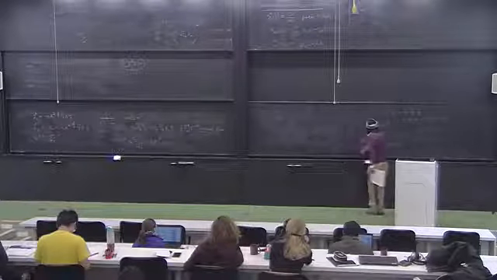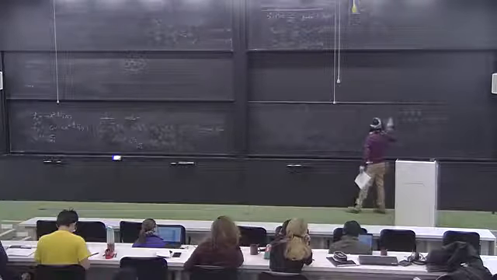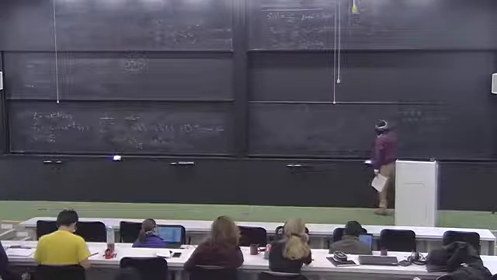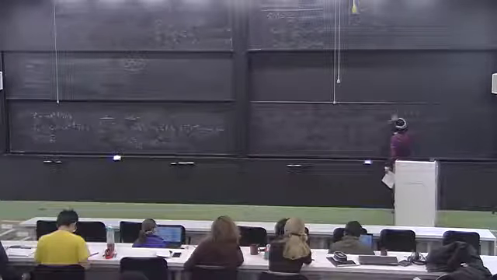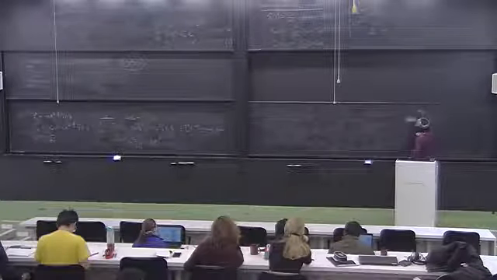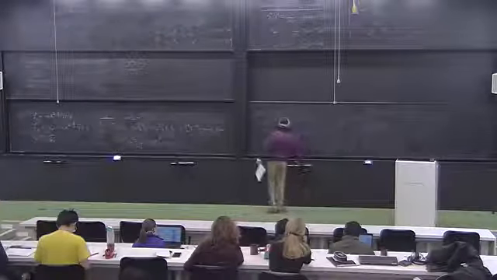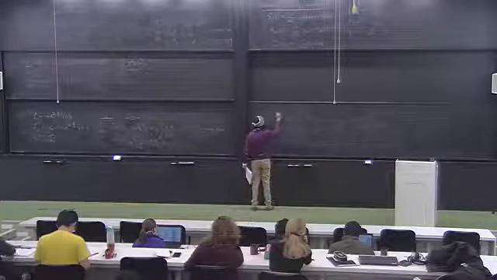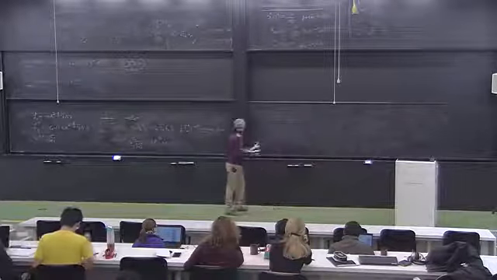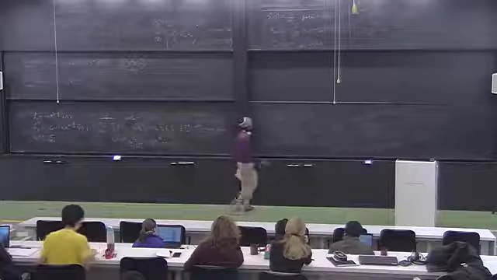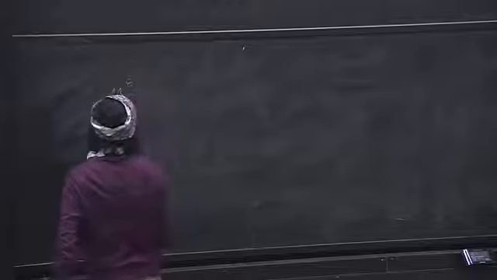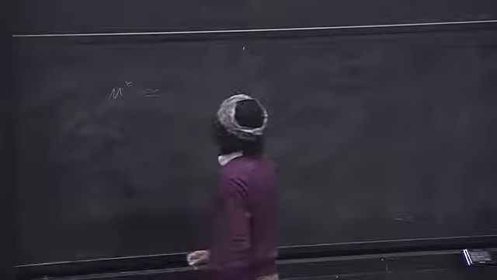Well, the reason is that if you look at the finite corrections, the finite corrections will have some form like this to our amplitude, for small epsilon.